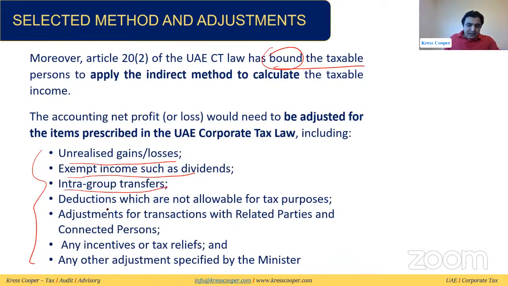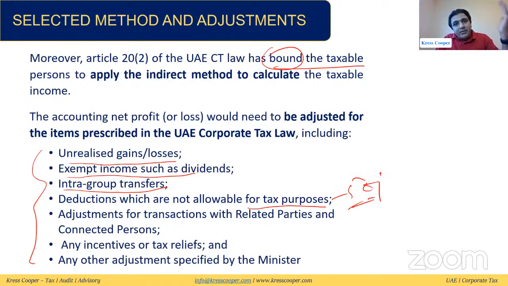Intra-group transfers need to be adjusted. Deductions which are not allowable for tax purposes need to be adjusted, like we have already discussed: 50% of entertainment expenses is not allowable, and fines and penalties are not allowable. Then adjustment for transactions with related parties and connected persons. A transaction can be with a related party or connected person below the market value or above the market value.